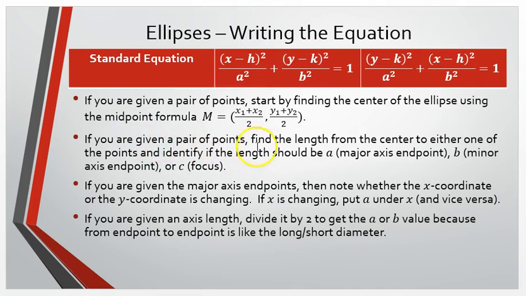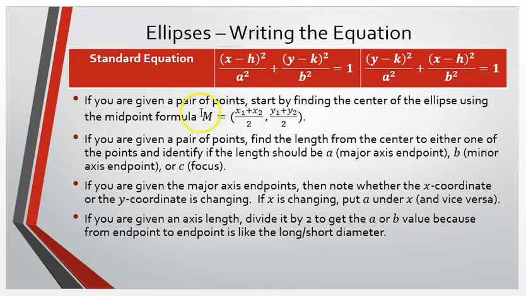Next, when you have that pair of points, find the length from the center to either one of those same points that they gave you. So figure out how long that length is, and then you'll just need to identify if that length is A, B, or C. The variable you tie to that length will be based on the name of the specific points they gave you.